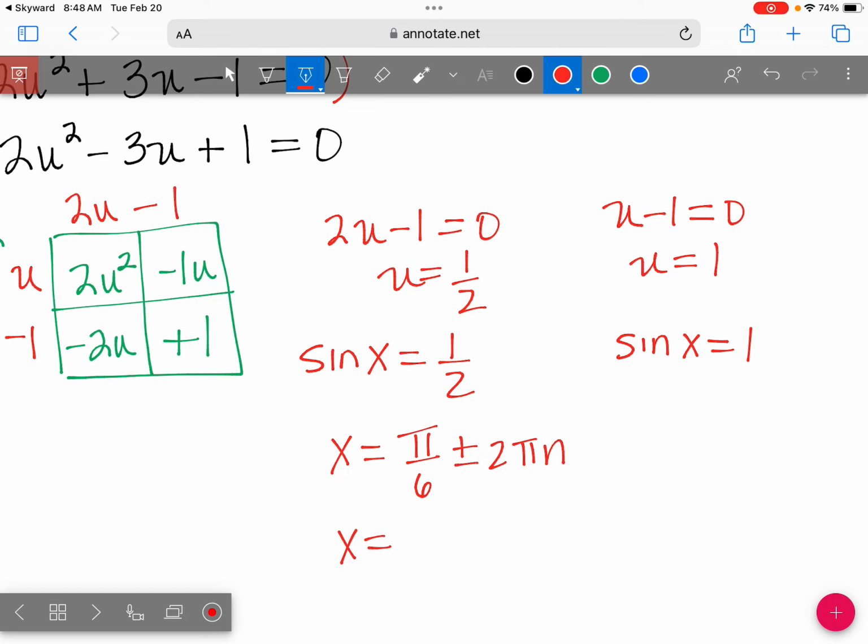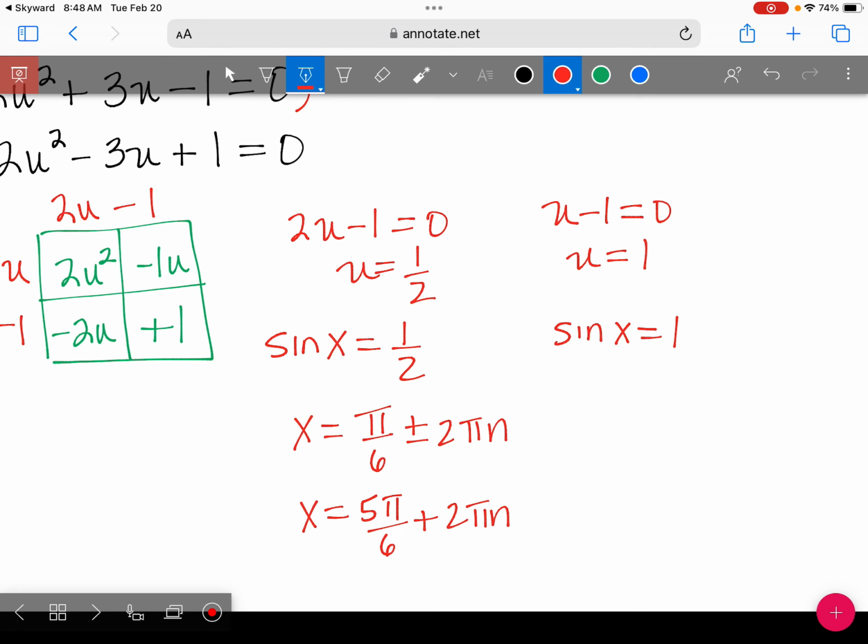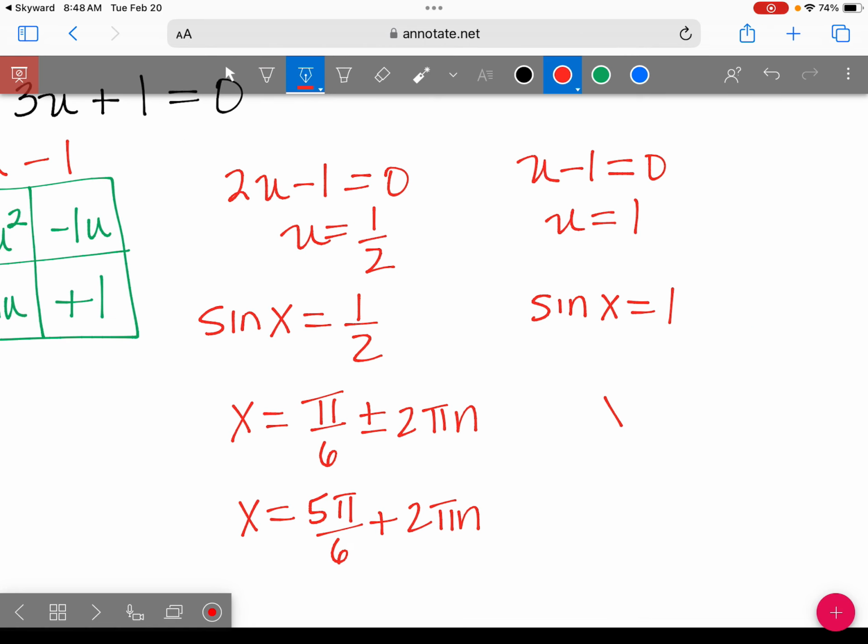Sine is positive in quadrants 1 and 2. 5 pi over 6 plus 2 pi n. Okay, and where's sine 1? Pi over 2 plus 2 pi n.